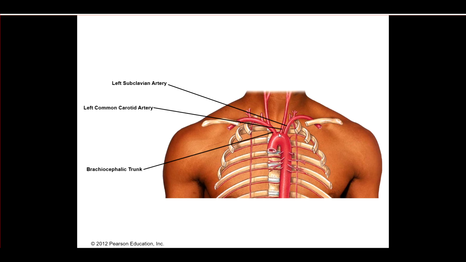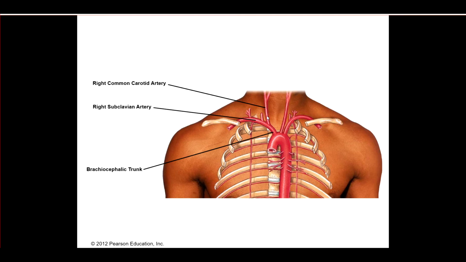Now, let's follow this brachiocephalic trunk for a moment. It is going to split. One blood vessel here is the right subclavian artery, and the other blood vessel coming off the brachiocephalic trunk is the right common carotid.